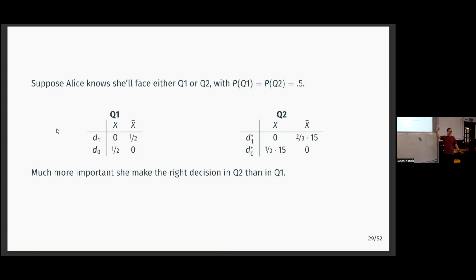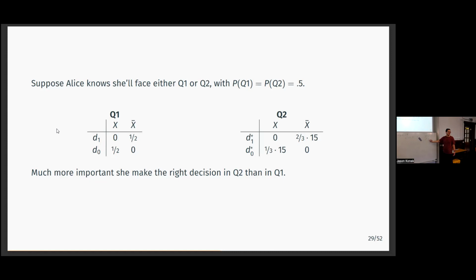Given that, all that would matter for what I did, the 15 wouldn't matter. I would still just do the top thing if my credence was above 1/3.